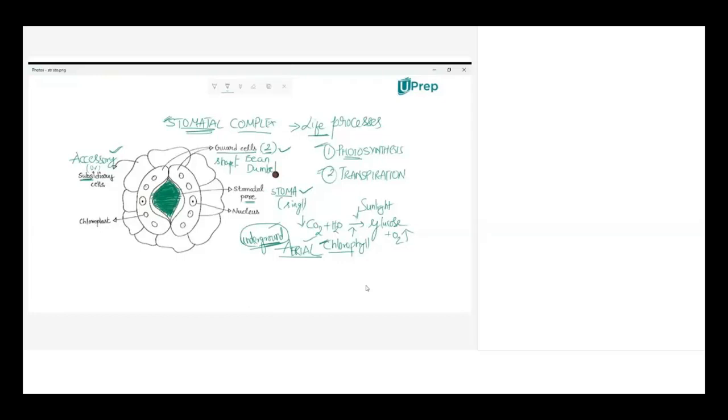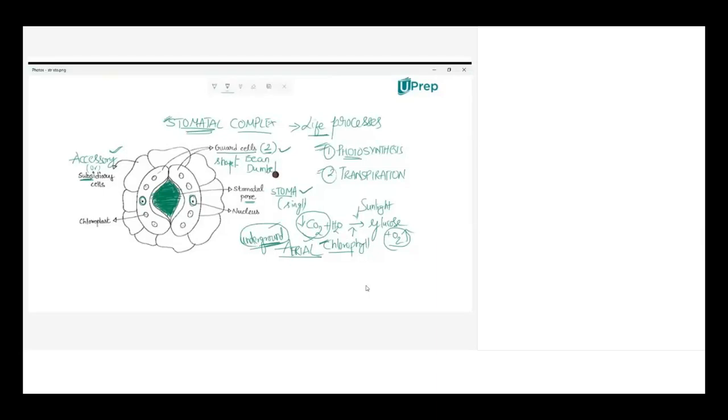Now the pattern of questions, like how a question can be framed regarding this concept, either the structure or the processes which are related to the structure of stomata. A kind of question can be framed like, find the odd one out.